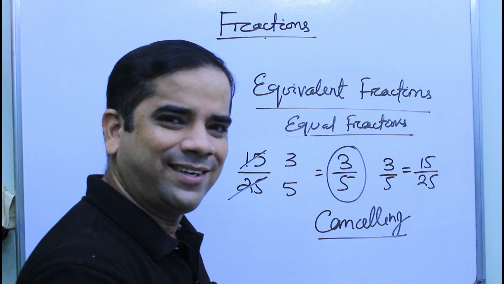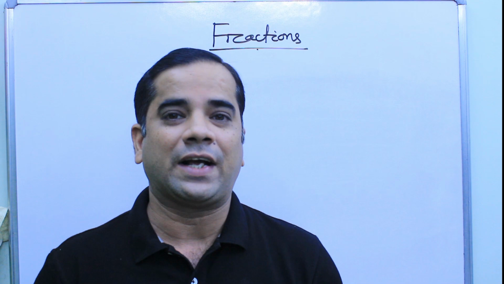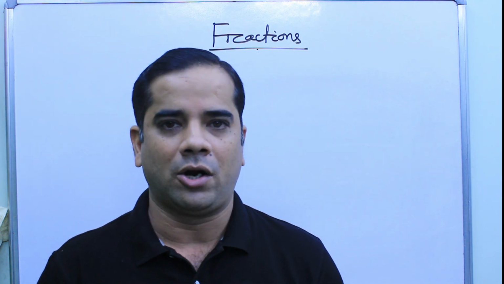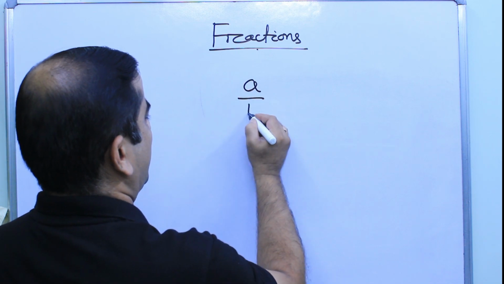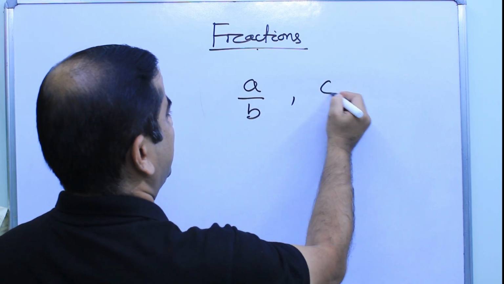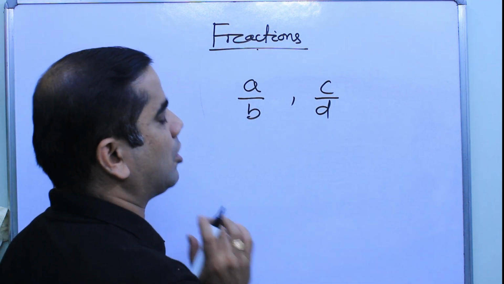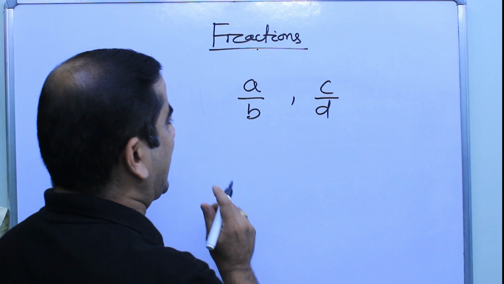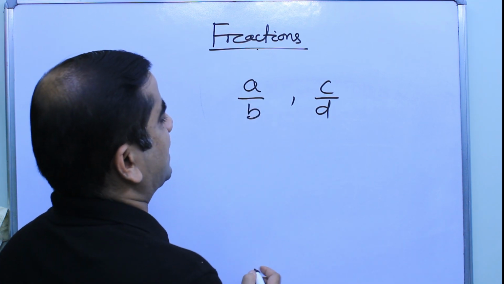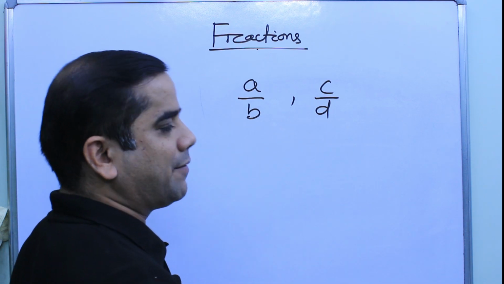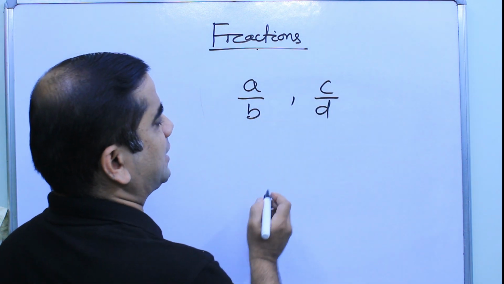Okay, hope you understand. Students, let us now discuss how to check whether two fractions are equivalent or not. Suppose there are two fractions, A by B and C by D. So how to confirm whether they are equivalent or not? We can confirm by cross multiplying the numerator of the first fraction with the denominator of the second fraction and the denominator of the first fraction with the numerator of the second fraction.